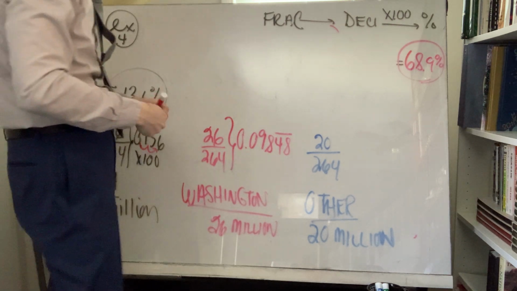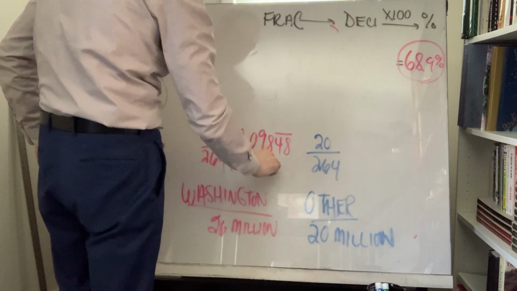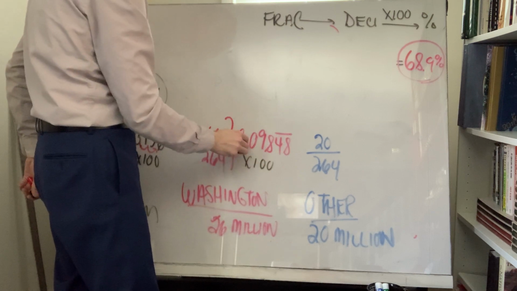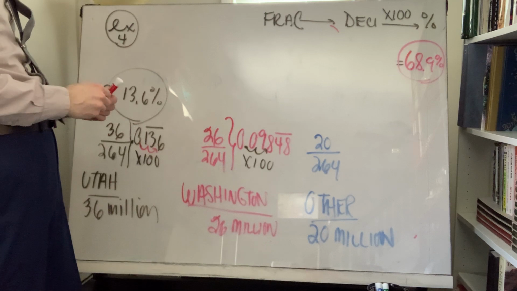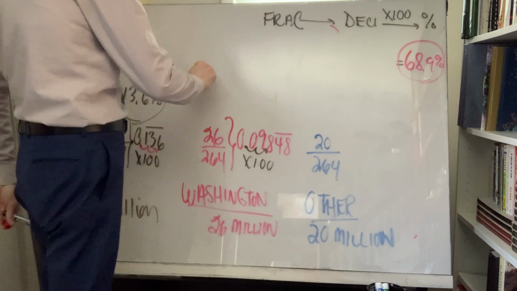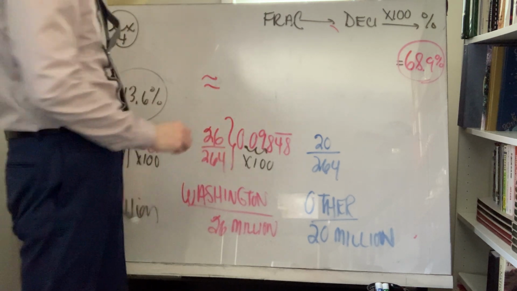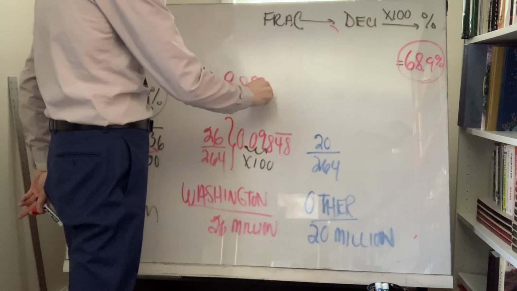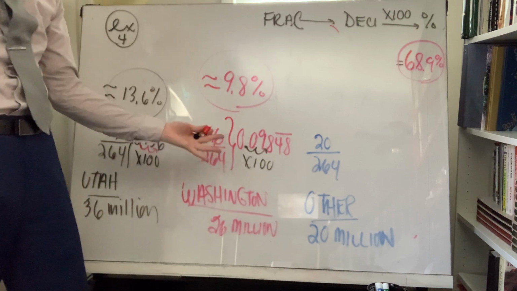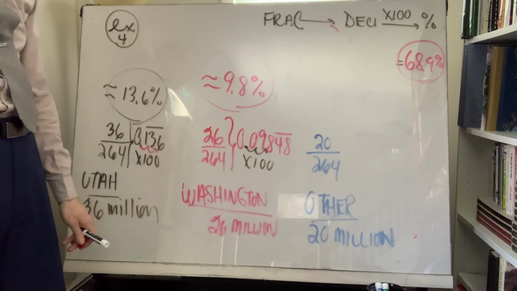If you then multiply by 100, again, the shortcut effect is that it just scoots the decimal point over twice to the right, which means this is approximately 9.8% for Washington out of the total cherries.